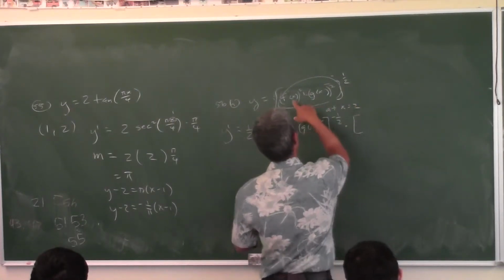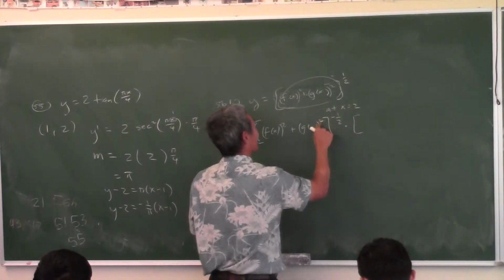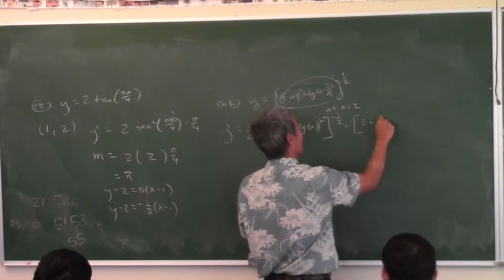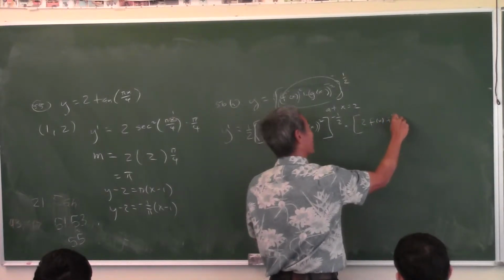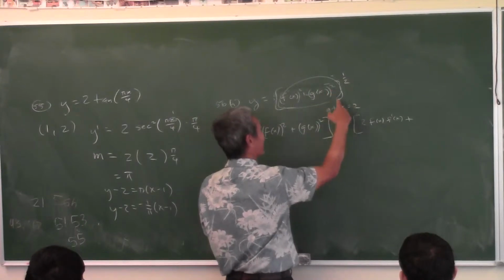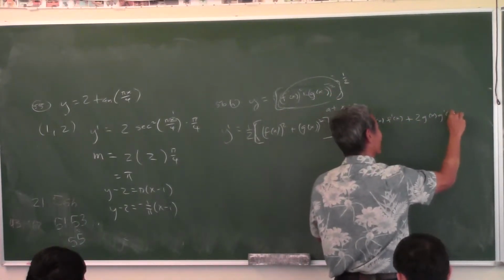So what do I see in the box? I see box squared plus box squared. How do I take the derivative of box squared? 2 box to the first times the derivative of box, plus 2 box to the first times the derivative of box.